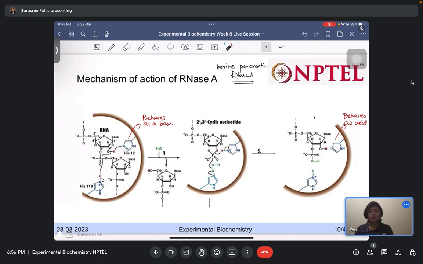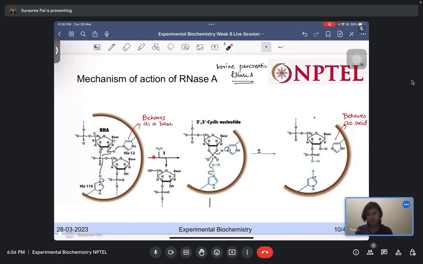To discuss the mechanism of action, we first have to check which residues are present at the active site of the enzyme where the reaction is going to take place.